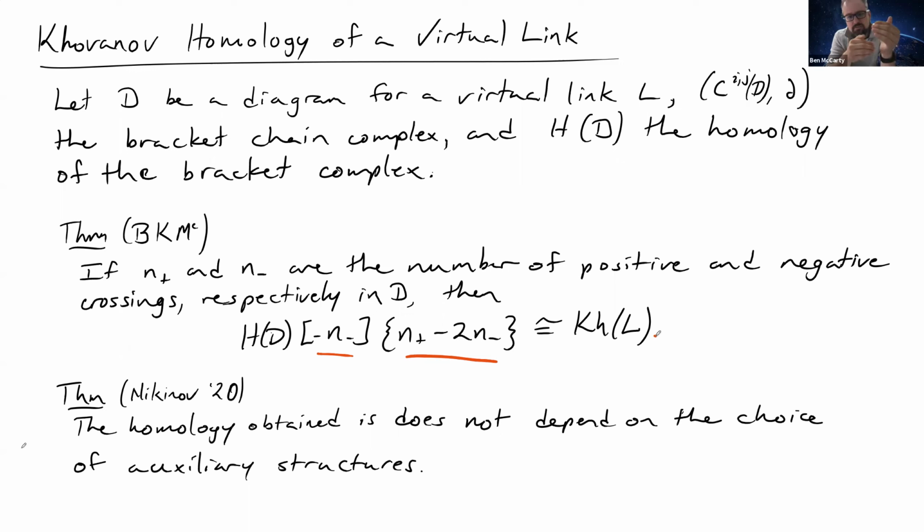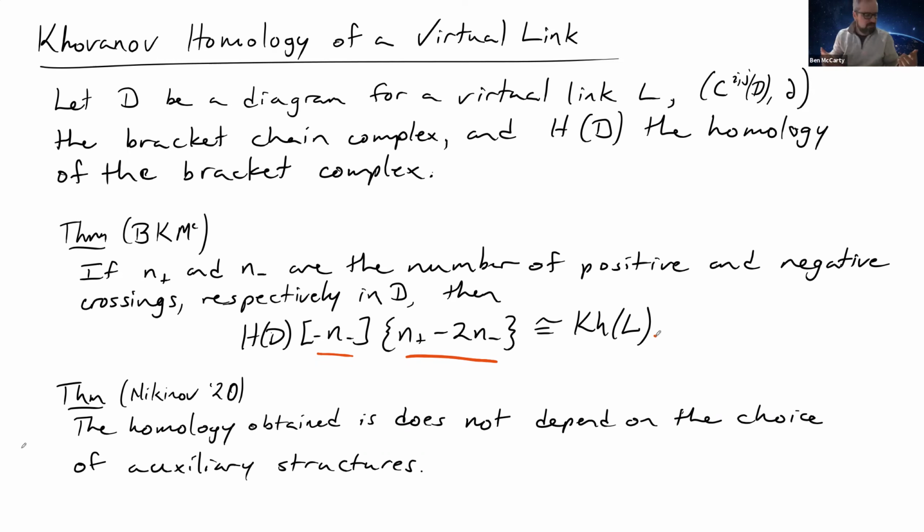What Igor showed is that when you change any one of those structures in a certain way, the homology that you get doesn't depend on the choice of those structures, up to possibly grading shifts. But then those grading shifts are going to be accounted for later.